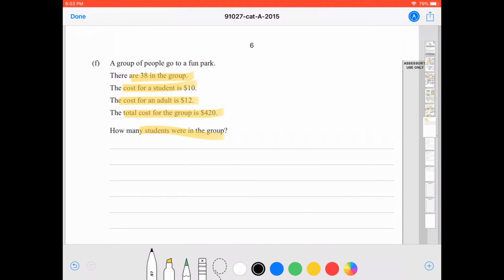So let's just come up with some variables first of all. We can say S is the number of students, and likewise A is the number of adults here.